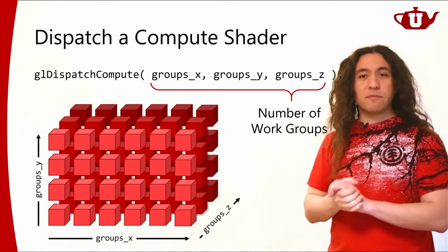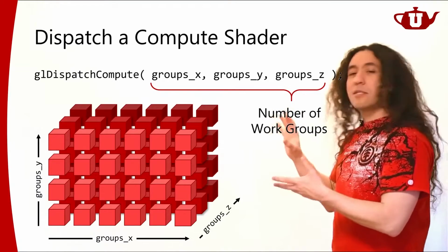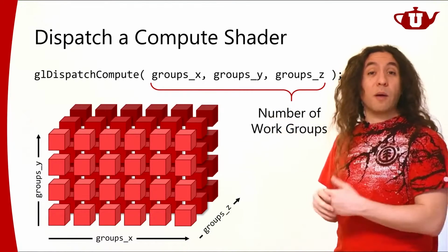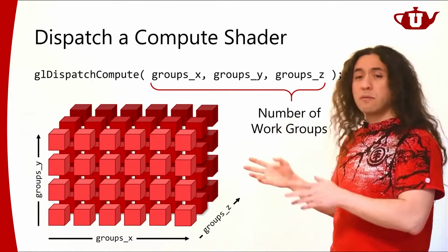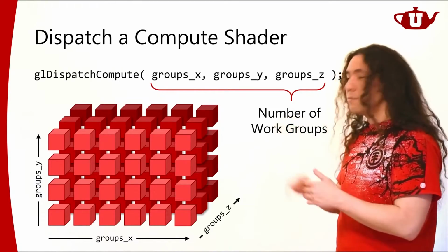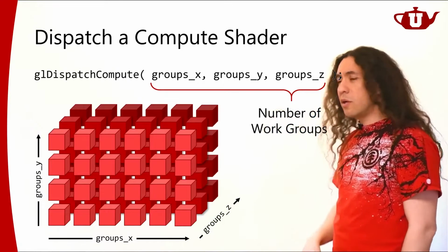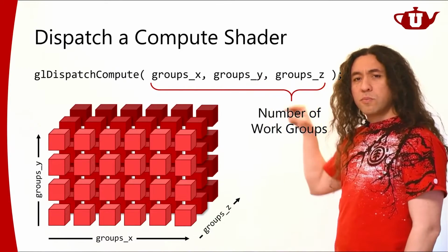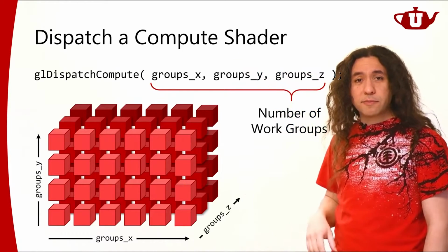That's fairly easy. That's definitely doable. If this 3D structure does not make any sense for your custom computation, you don't have to have it. If you want 2D, you can have 2D. If you want 1D, you can have 1D, but you have up to 3D here. So when you say GL dispatch compute with this number of work groups in X, Y, and Z, you're going to have a structure like this, right?